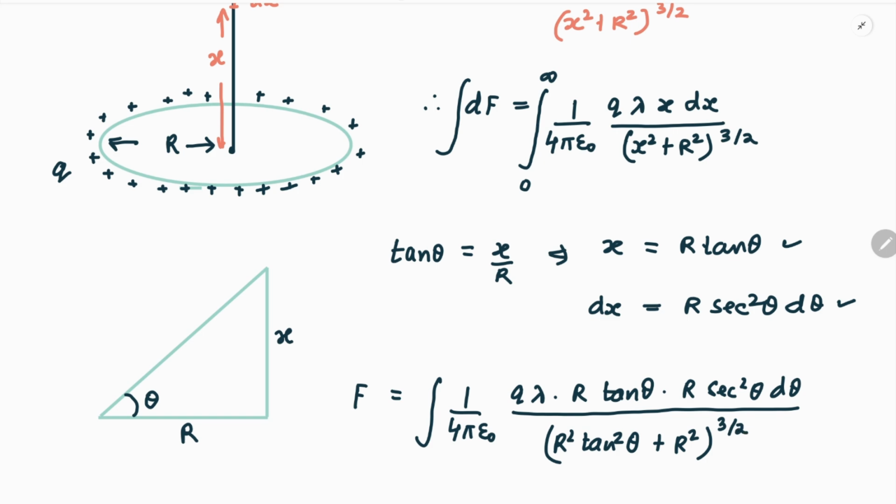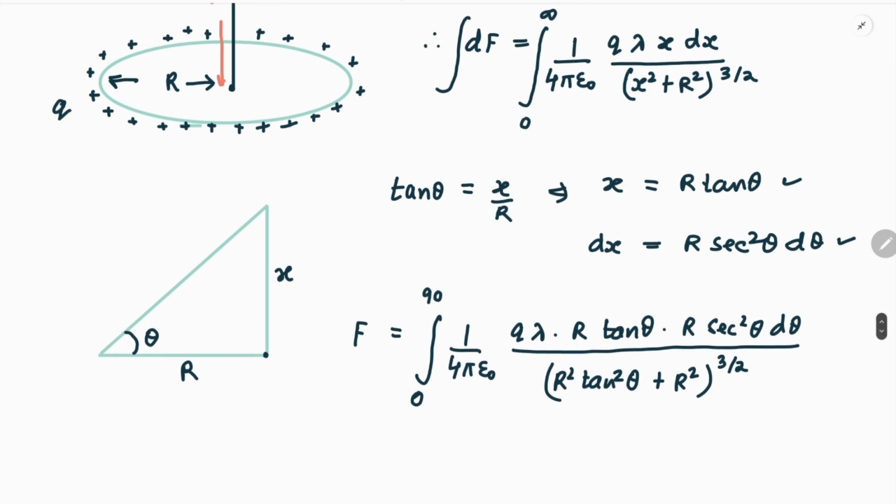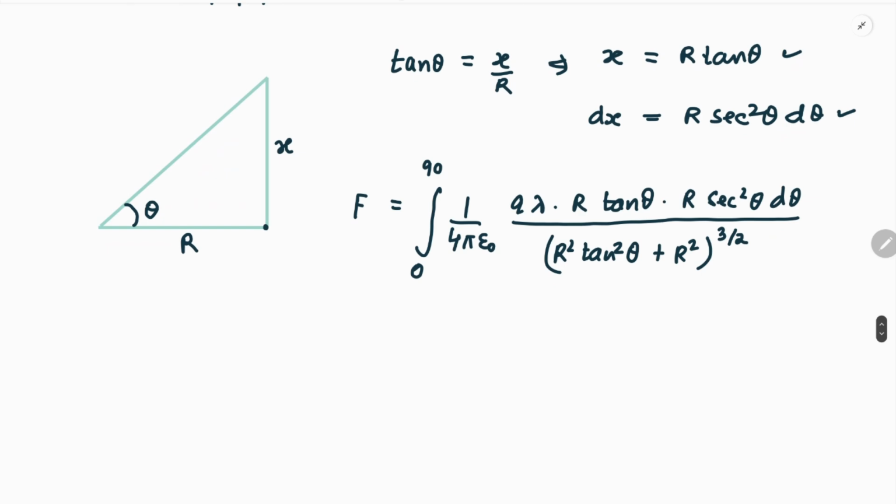And if we think in terms of angle, if x is equal to 0, the value of theta is equal to 0, and as x extends to infinity, the value will become equal to 90 degrees, or we can write pi by 2. So if we solve this expression, we will get the value of force.